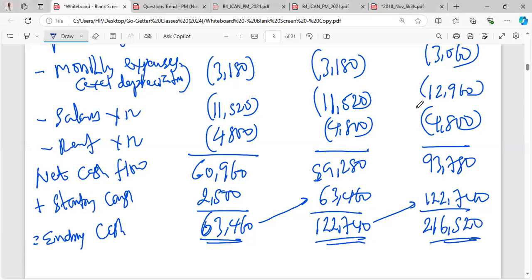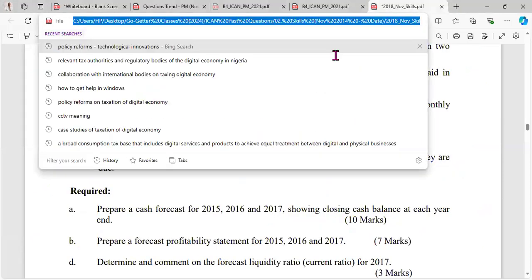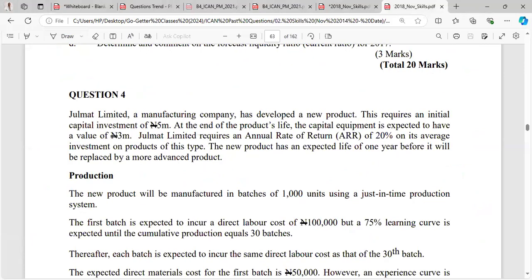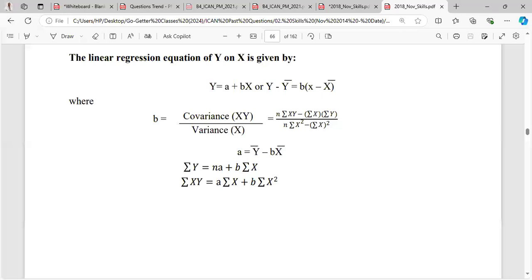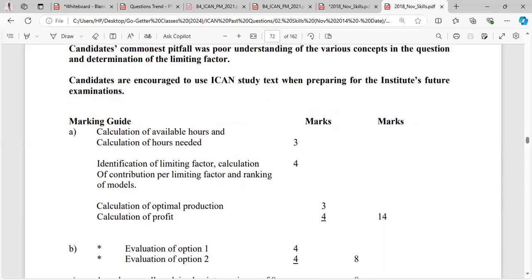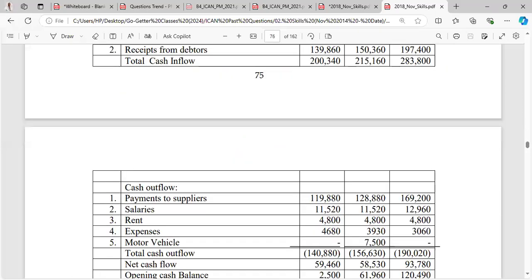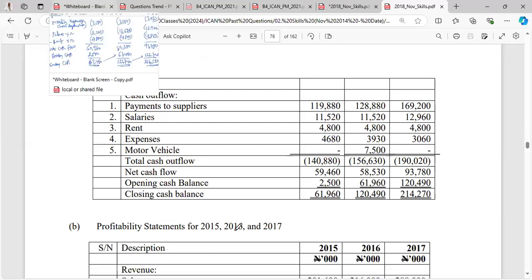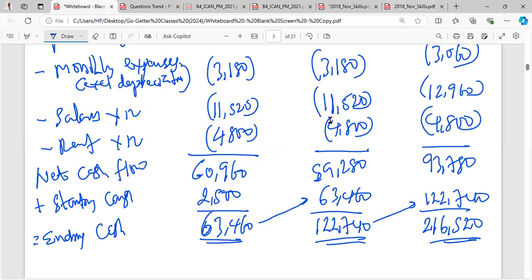I believe it's almost like that of ICAN. Let's just, for the sake of knowledge of what they did, that's question number 3. So it's almost the same thing. 63,460, 61.